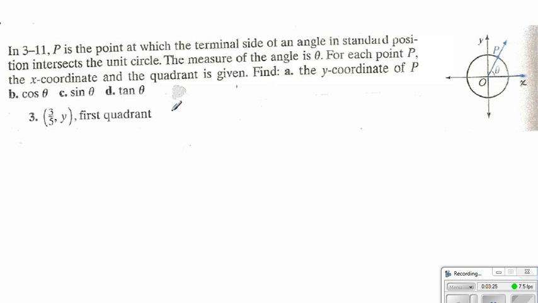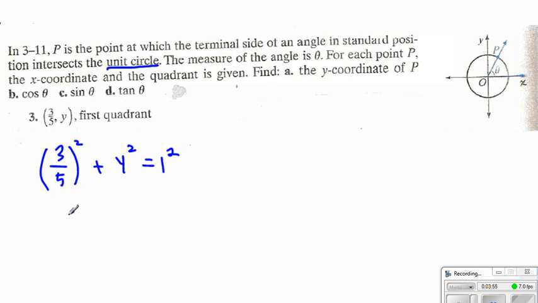Now let's look into the next question. In this case, we have angle theta given in the fourth quadrant in this particular way. Since this is on the unit circle, we realize that 3/5 squared plus y squared must be equal to 1 squared by the Pythagorean theorem.